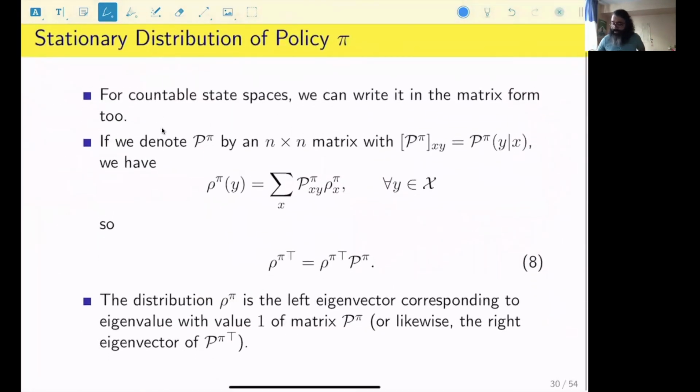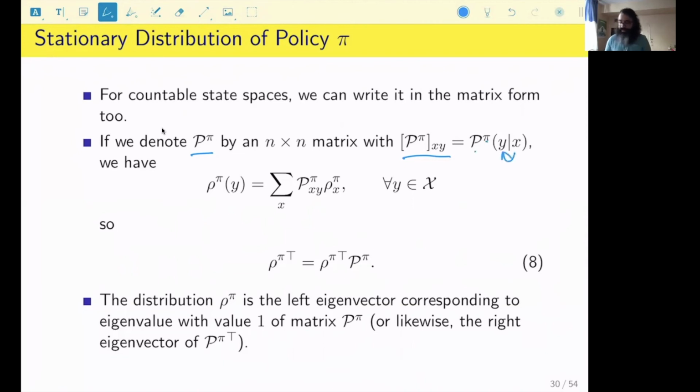If we have a countable state space, then we can write these things in a nice matrix form. I think we had this before, but we can denote P pi by an n by n matrix, n being the number of states. We define the matrix such that P pi, row x, column y, would be the probability P pi of x going to y.